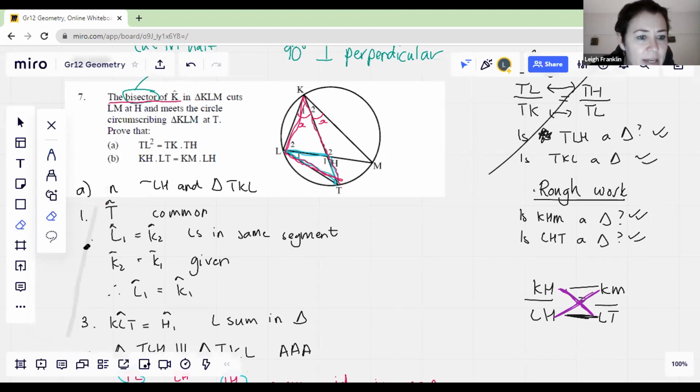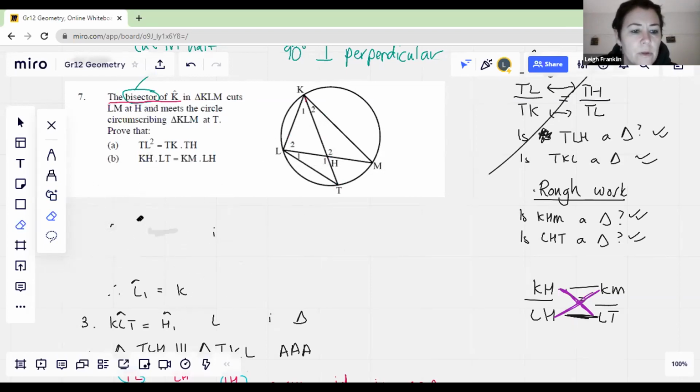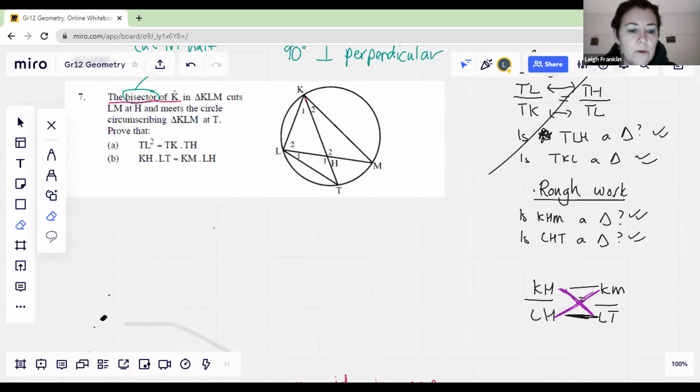Let me just rub this out, and I'm going to rub that out as well. Then we can always put back what we already know. There we go. Now that it's all rubbed out.